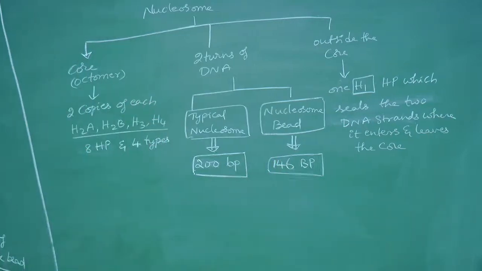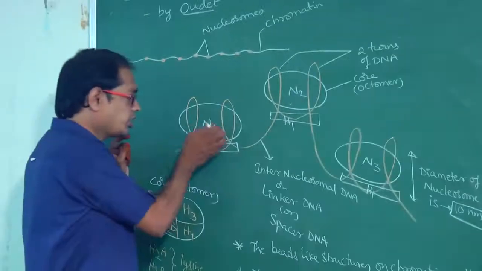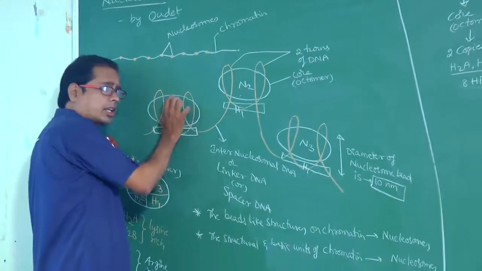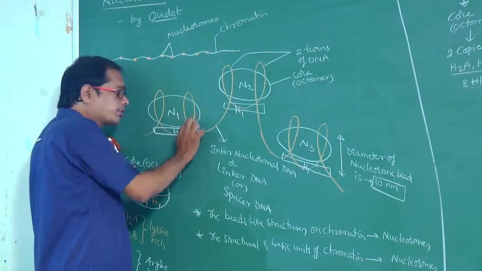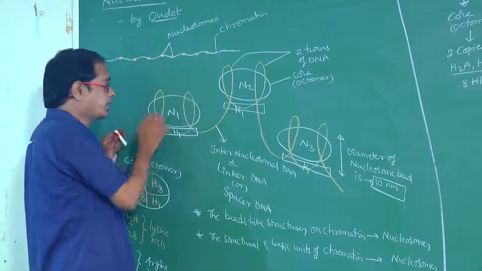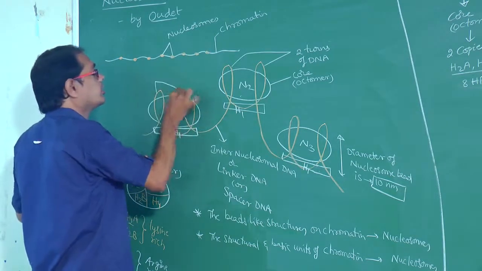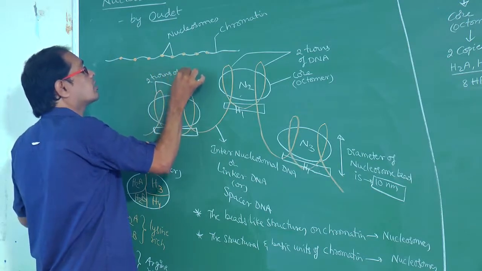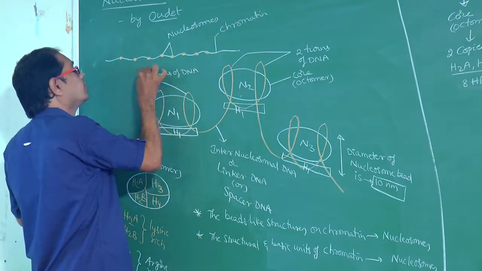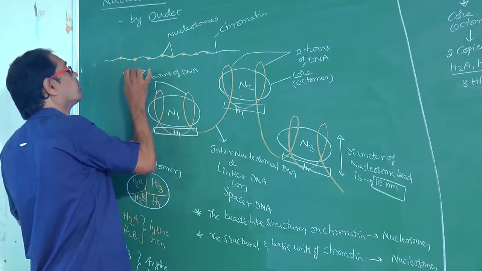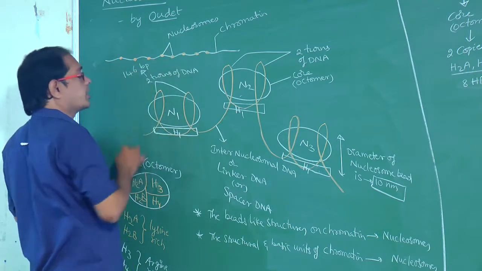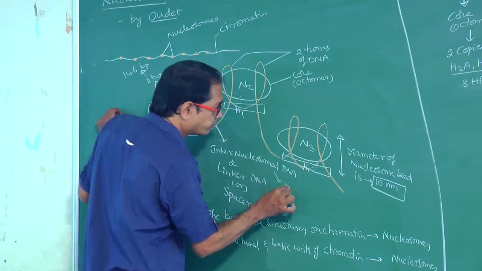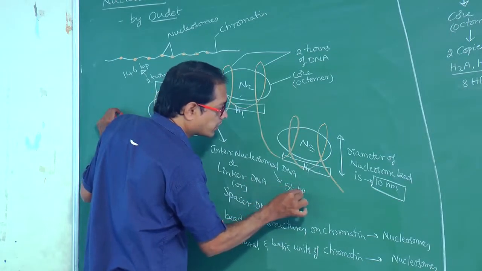Look here, my dear students. So this is the octamer. This octamer contains two turns of DNA. This DNA contains 146 base pairs. This is the two turns of DNA which has 146 base pairs, and internucleosomal DNA has 54 base pairs.